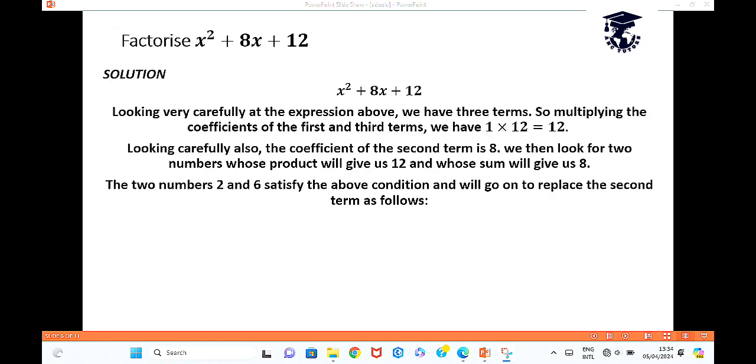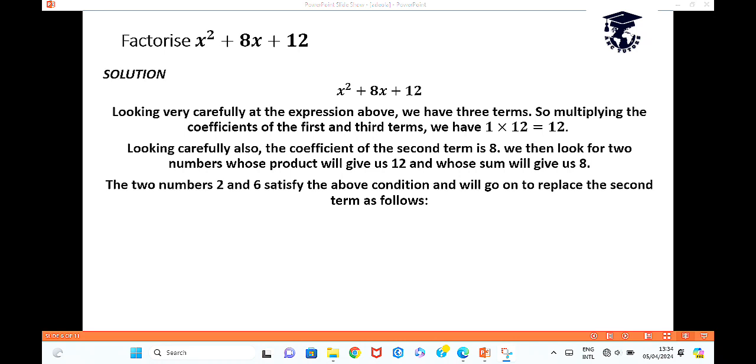So we'll now use these two numbers, 2 and 6, to replace the middle term. The two numbers 2 and 6 satisfy the above condition, and we'll go on to replace the term as follows. The condition they've satisfied is what?